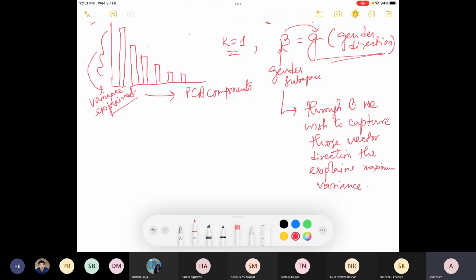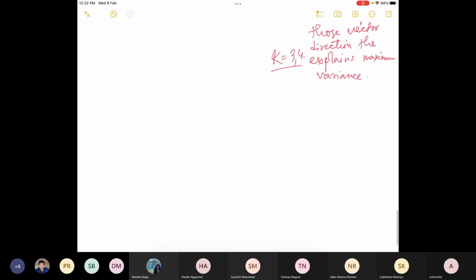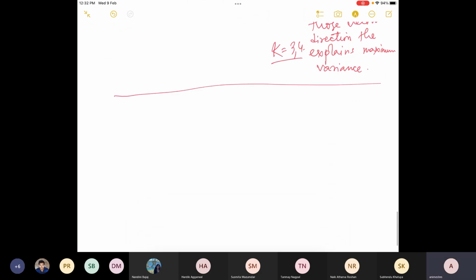Our assumption is that the first 3 or 4 such directions should be able to explain almost 90 to 95% of the variance. That's why we have used the covariance matrix and done an SVD of it to compute the bias space. So now we have the bias space ready. B is now my gender subspace.